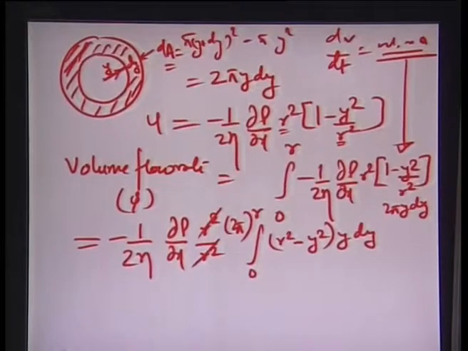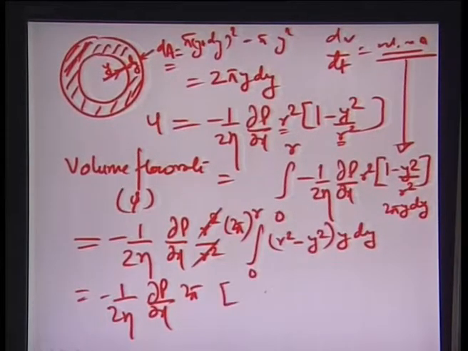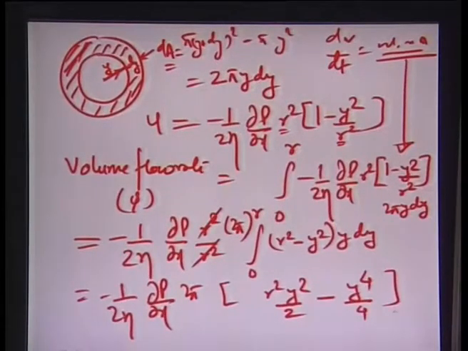These two cancel out and you are left with minus 1 by 2 eta dp by dx 2 pi, and this happens to be r square y square by 2 minus y 4 by 4. That is what the integral is, between 0 and r.